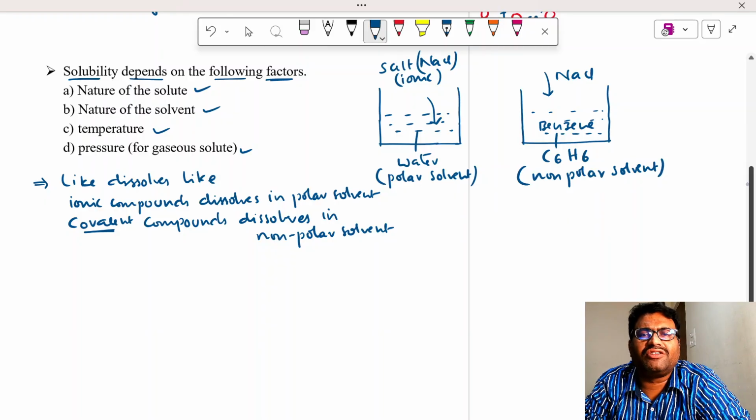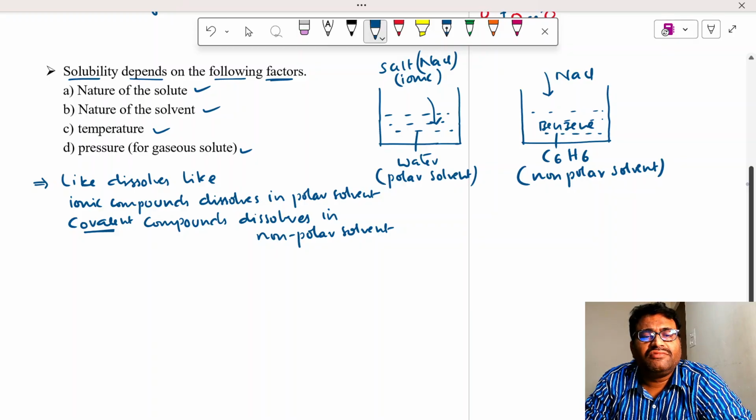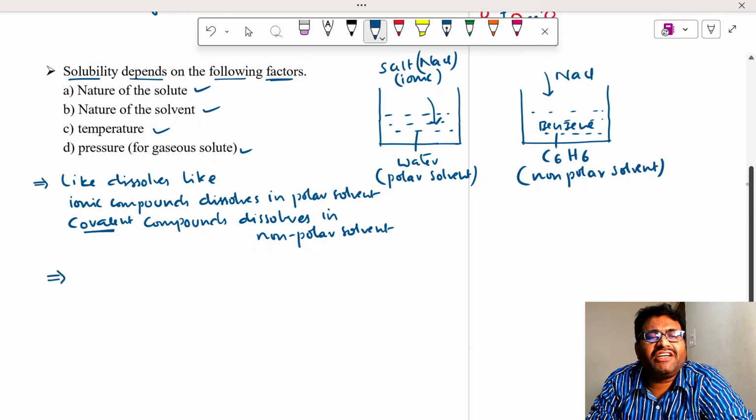Not only that, temperature also. When you increase the temperature, most of the substances, ionic solids, most, not all I can say, solubility increases on increasing temperature. On increasing temperature, the intermolecular spaces will be increased due to more movement of the molecules. So more amount of the solute can be dissolved in the solvent. So temperature is affecting the solubility.